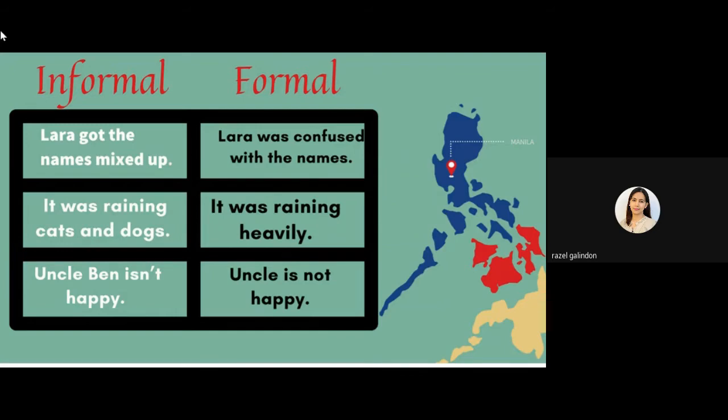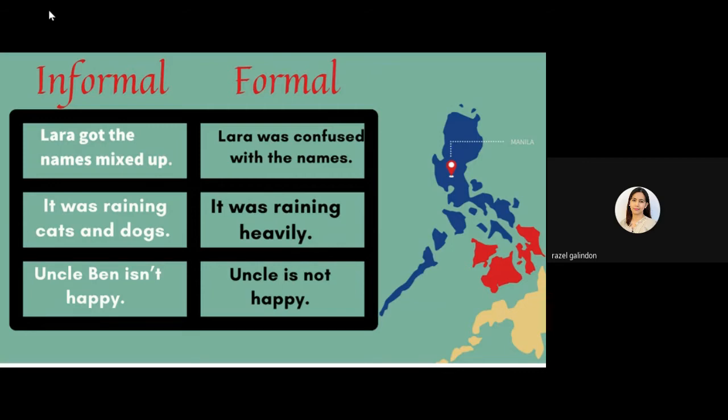But let's say you are in school, you are in an office, you are in a private agency, you should say, it was raining heavily instead of saying, it was raining cats and dogs. Okay? So for the last one, ito yung example ng contractions. So for informal, Uncle Ben isn't happy. Yun yung contraction, yung isn't.